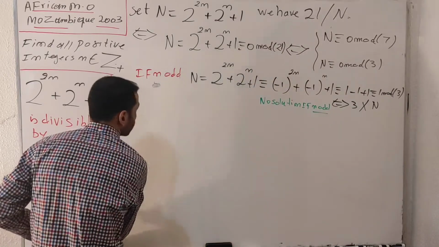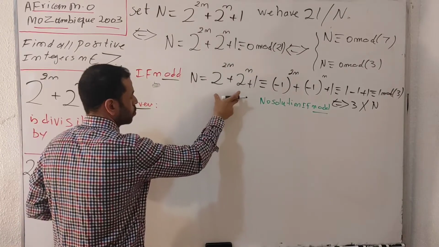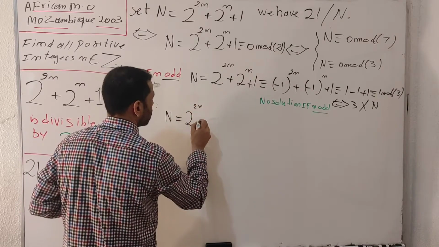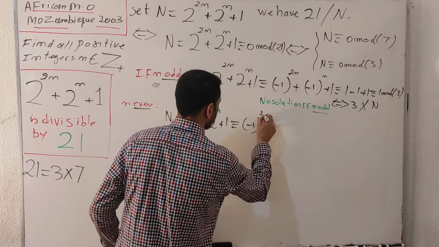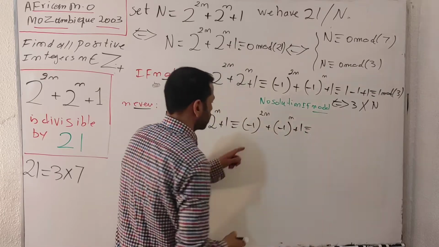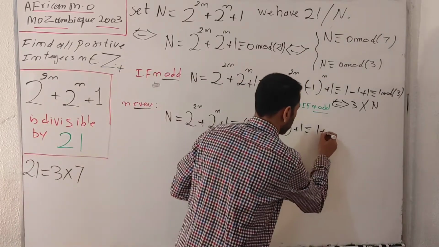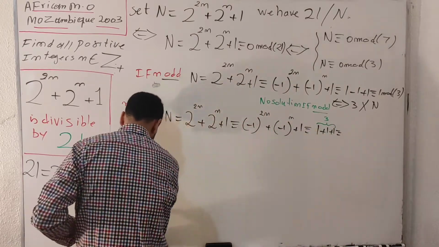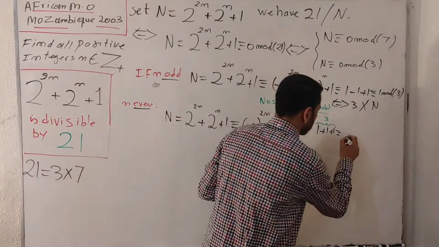Now let's check when n is even. I have capital N equals 2 to the 2n plus 2 to the n plus 1, congruent to (-1) to the 2n plus (-1) to the n plus 1. Here (-1) to the 2n is 1, and since n is even, (-1) to the n also becomes 1. So 1 plus 1 plus 1 gives us 3, which is congruent to 0 mod 3.